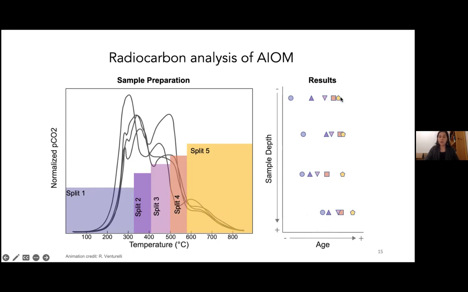So if you were to mix all these up, you would get something that represents the average of these ages. And that average can be anywhere from a couple thousand to 10 or 20,000 years older than this youngest age. So what we're doing is providing a more accurate chronology using this bulk material.